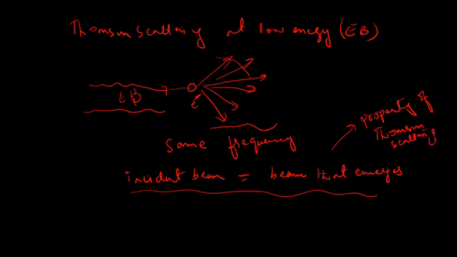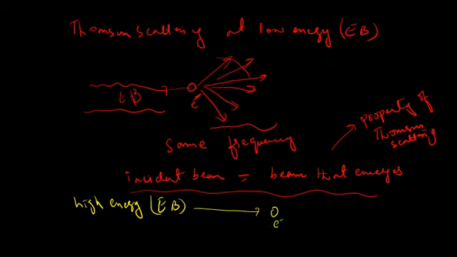But this property goes wrong when we use high energy electromagnetic radiation. When high energy electromagnetic radiation strikes the electron, the frequency of the incident photon beam is different from that of the scattered beam of photons.